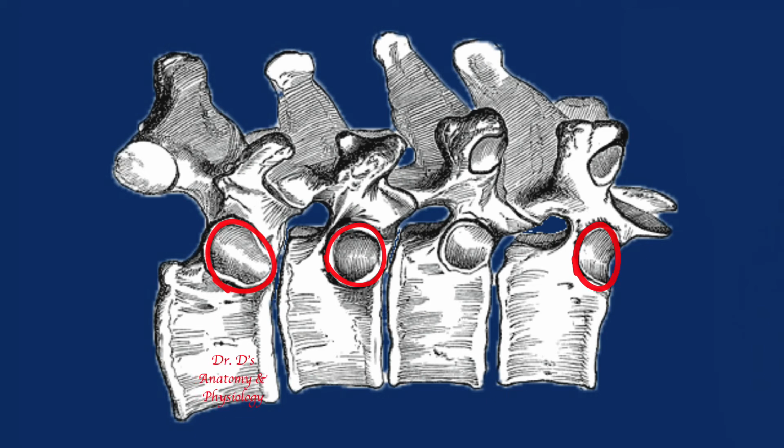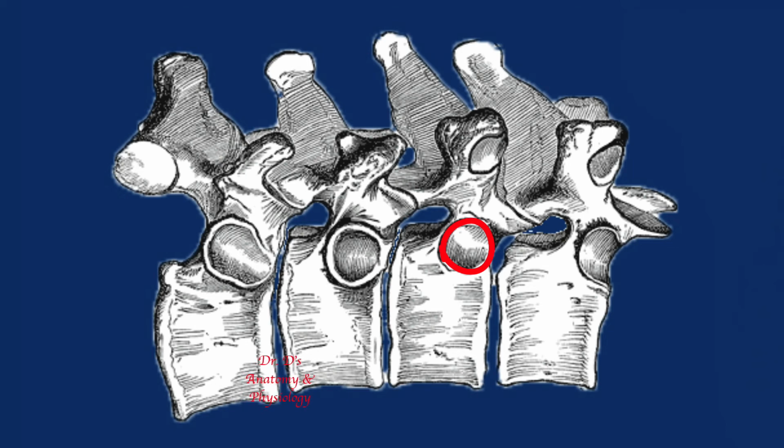This is going to be fairly consistent. In this particular example, we see also an entire facet on the body of T10. However, there's variability in this.